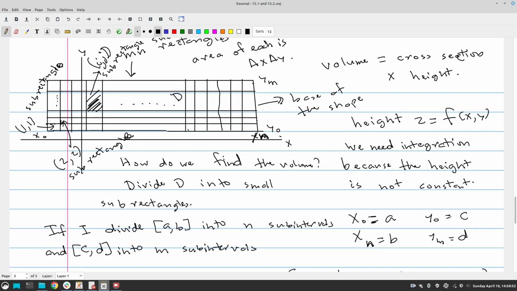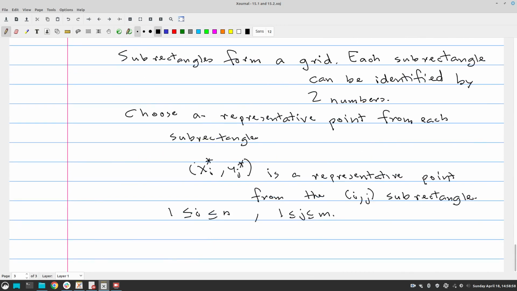So this is the rectangle which contains Rij.